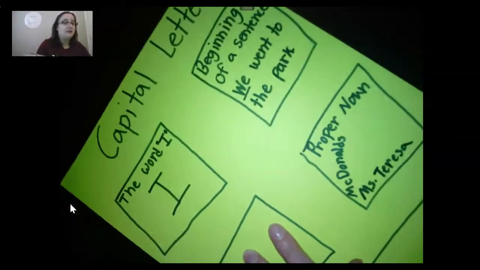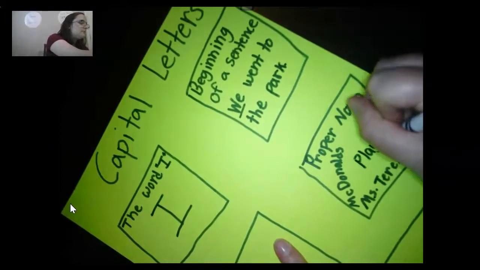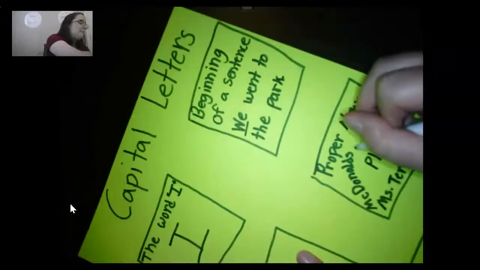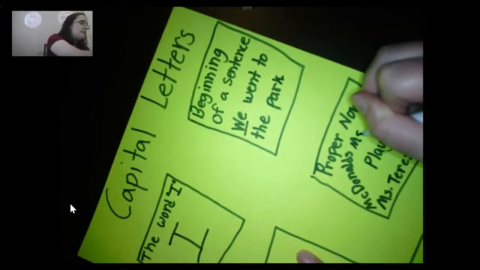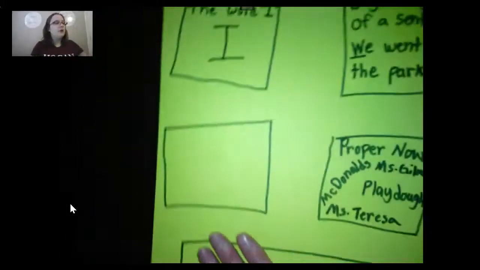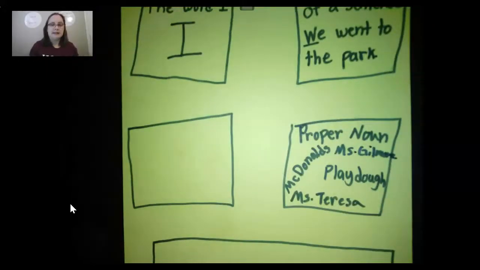A specific thing could be a type of toy, like Play-Doh, or Miss Gilmore. Oh, Miss Greathouse ran out of room. All of those things will be capitalized. So names of people, places, and things are called proper nouns. Miss Greathouse needs to add an S to her nouns.